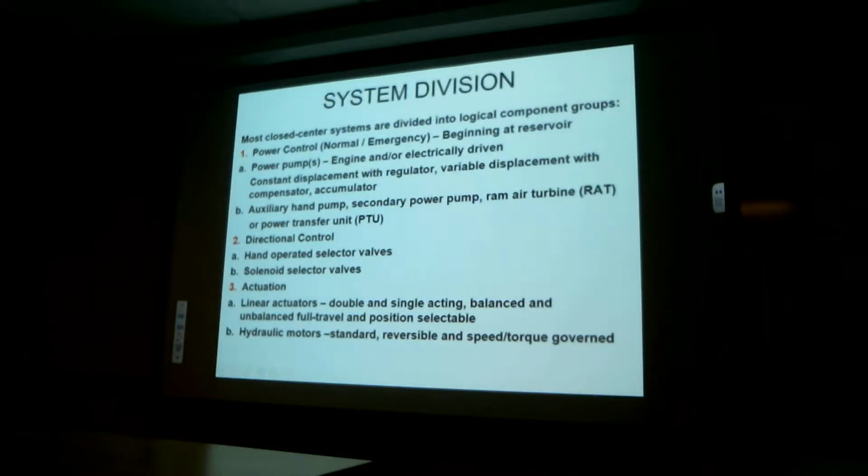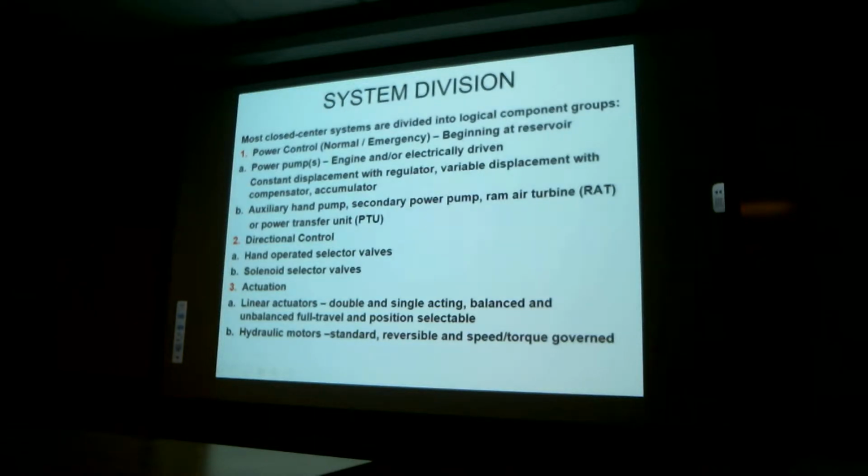By the way, these refer to primarily closed center hydraulic systems. Seldom in modern aircraft do you see anything open center, but these are logical groups anyway for closed center systems. Power control begins at the reservoir, and it includes the pumps, either engine driven or electrically driven. It doesn't matter if it's constant displacement or variable displacement, and it also includes the accumulator.